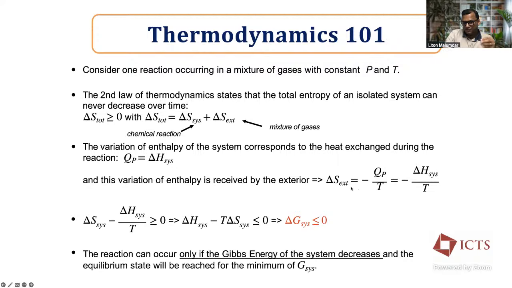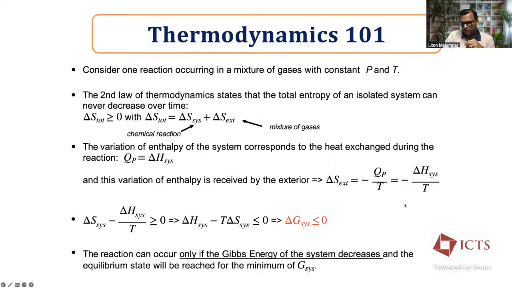Now, if your reaction is exothermic, then some energy is released. As soon as some energy is released to the surroundings, the entropy of the surroundings will be increasing. So one thing is decreasing and one thing is increasing.